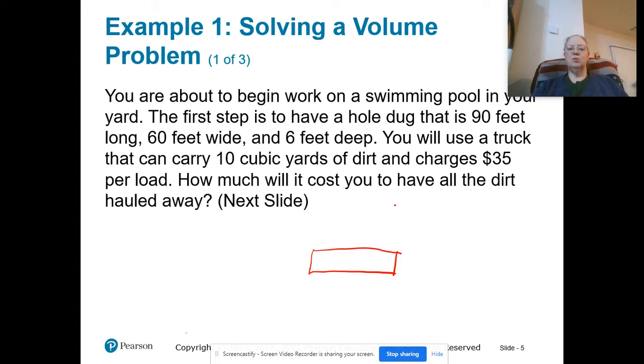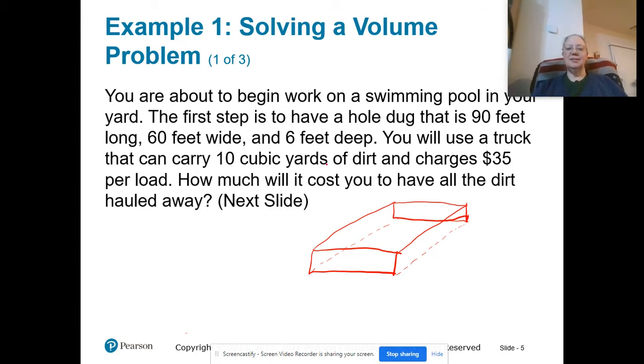Now, I am the world's worst when it comes to drawing three-dimensional objects. Just like really can't do it at all. Okay, use your imagination.